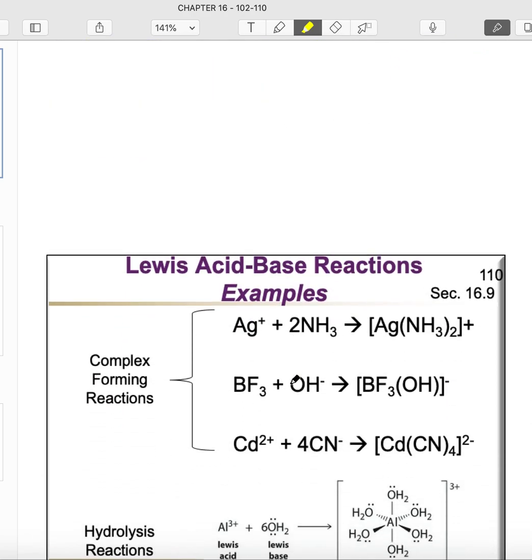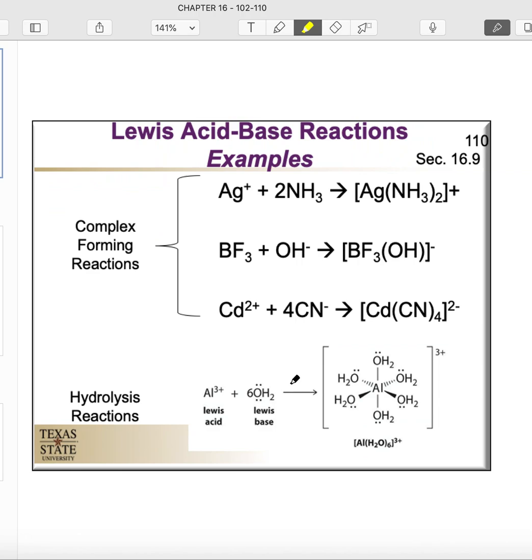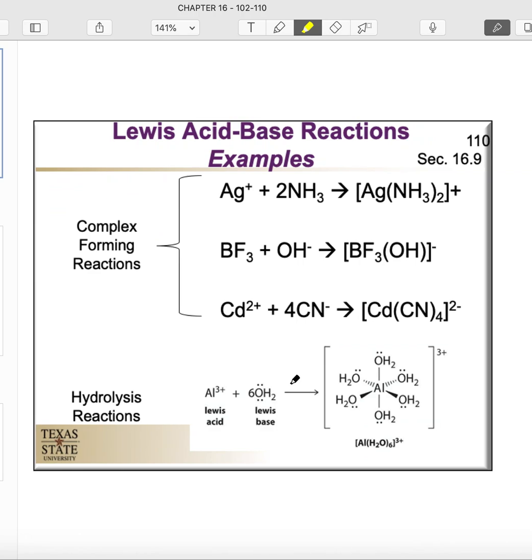All right. So in this last slide, I just wanted to show you guys some examples of Lewis acid-base reactions. In this particular slide, everything has been organized in such a way that the first compound is actually a Lewis acid, and the second compound is our Lewis base.